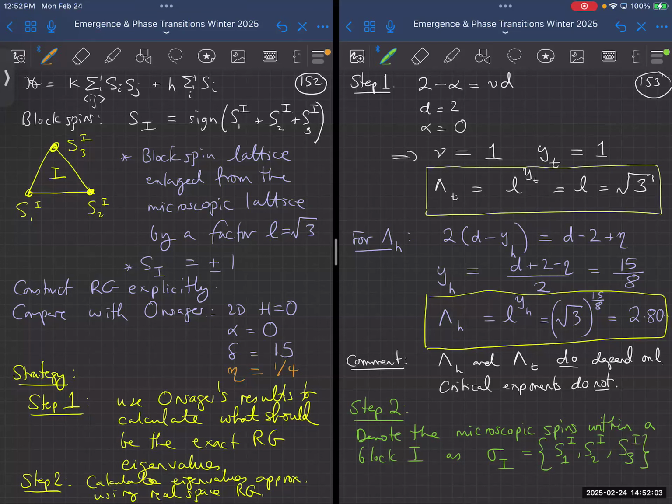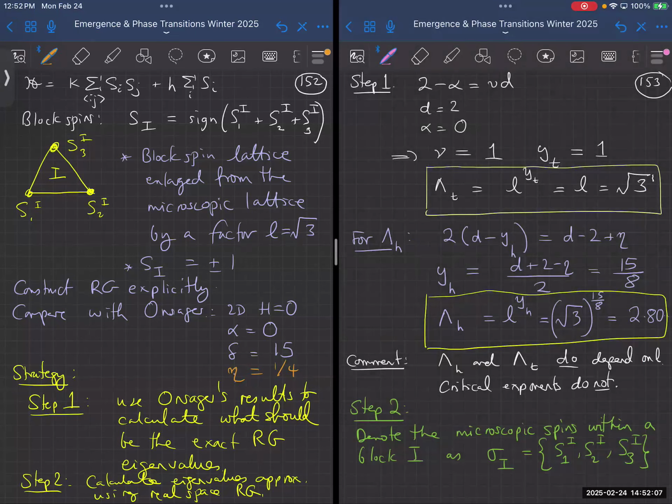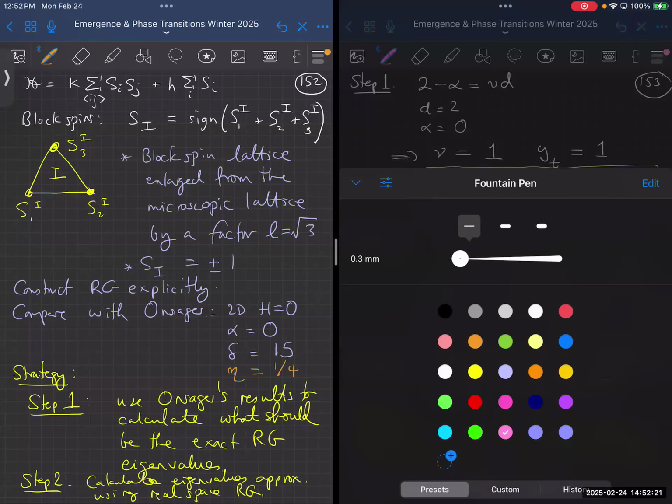And the block spin variable is S capital I. So that's the notation I'm going to use.